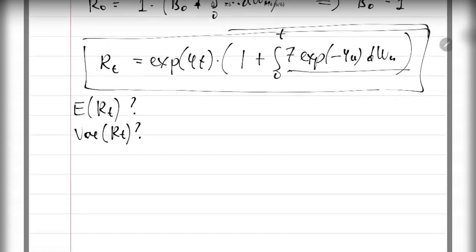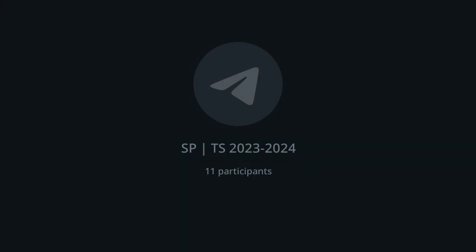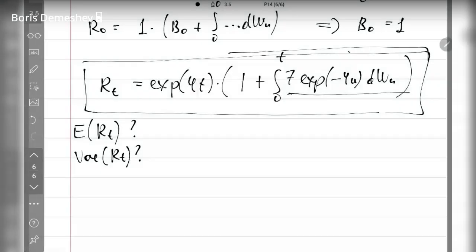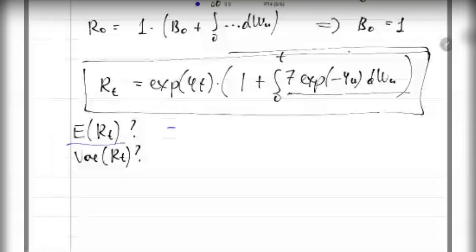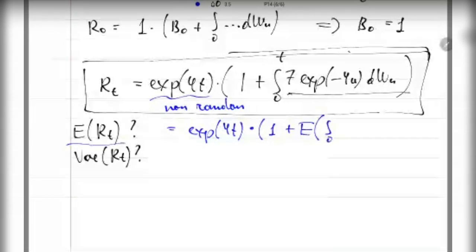This expression allows us to easily calculate characteristics of this stochastic process. For example, the expected value of Rt will be exponent of 4t, because that's non-random, multiplied by 1 plus the expected value of the stochastic integral.